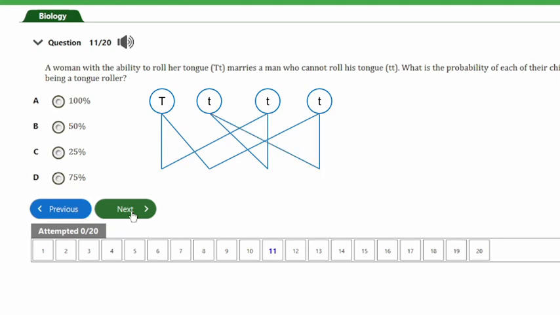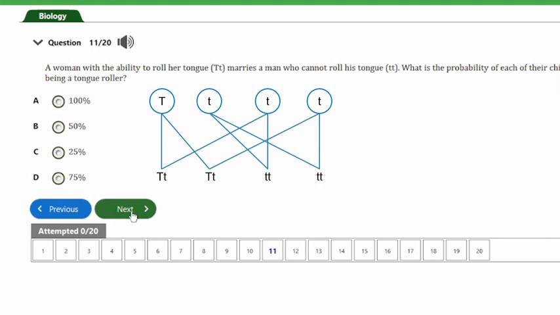So guys, when we do this, we'll notice here that the outcome is 2 heterozygous Tt and 2 homozygous small tt. So it means that 2 of the children will be able to roll their tongue out of 4, and 2 will not be able to roll their tongue out of 4.